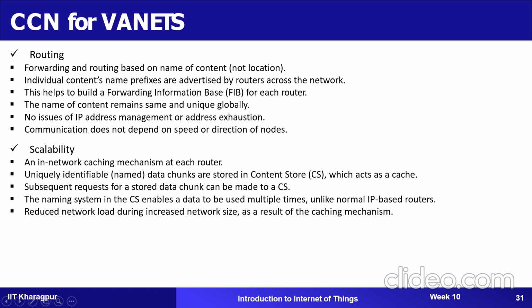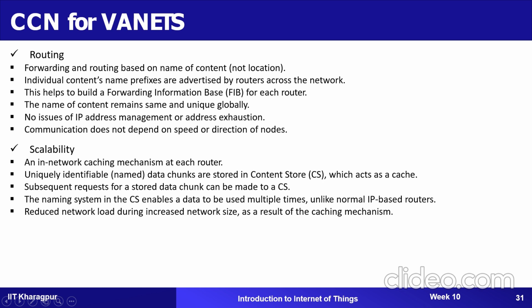With the help of this forwarding information base, you can forward the data. The name of the content remains the same and unique globally. No issues of IP address management or address exhaustion arise, because the location is not necessary in this case. Communication does not depend upon the speed and direction of the nodes.